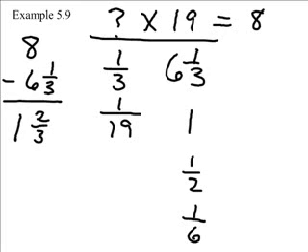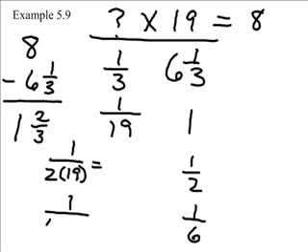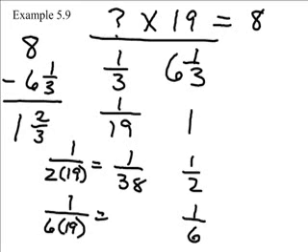All right, so to get 1/2, it's going to be 1 over 2 times 19. And to get 1/6, it's going to be 1 over 6 times 19. And so this is 1 over 38, and this works out to be 1 over 114.